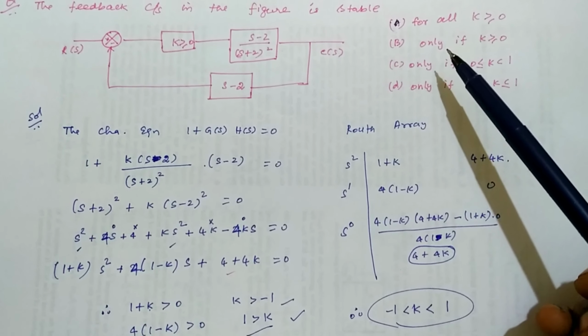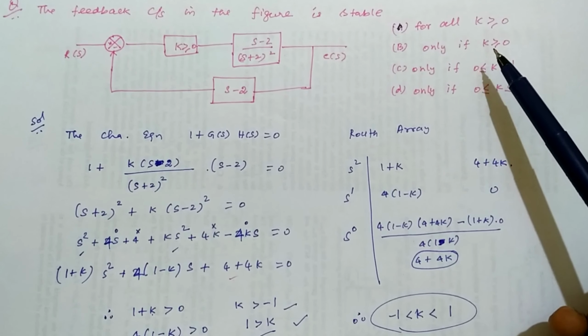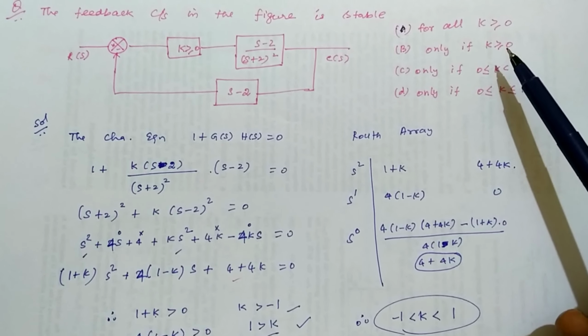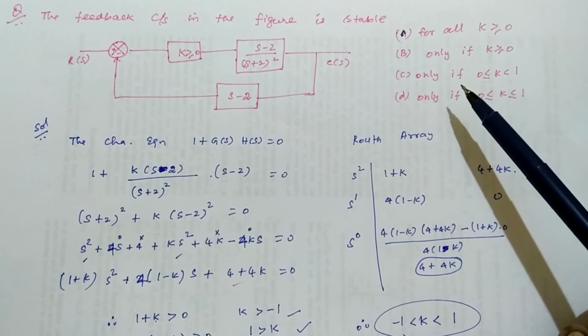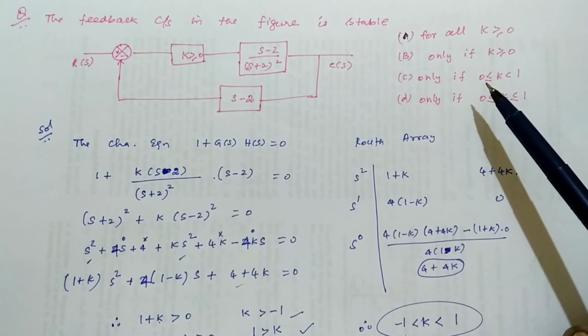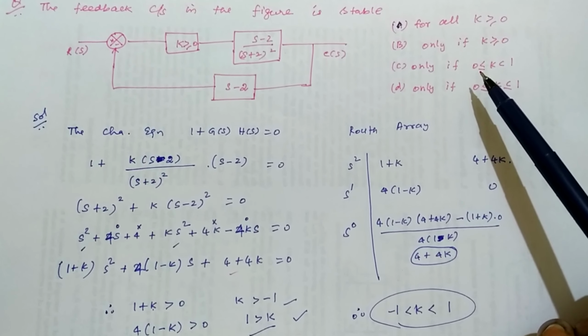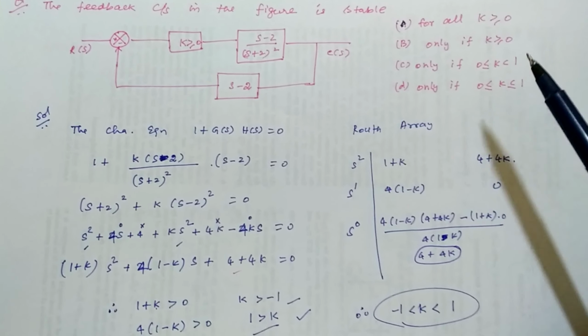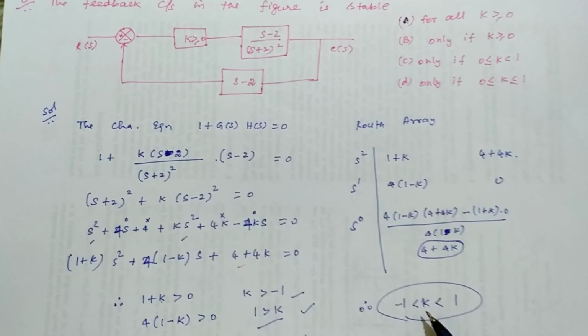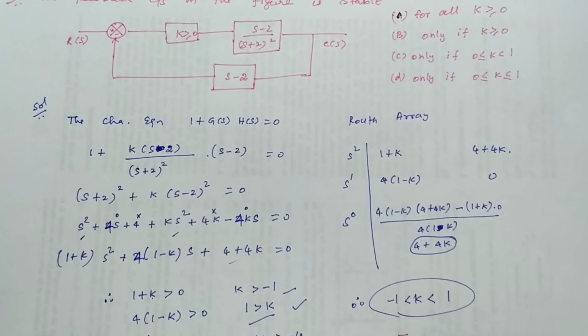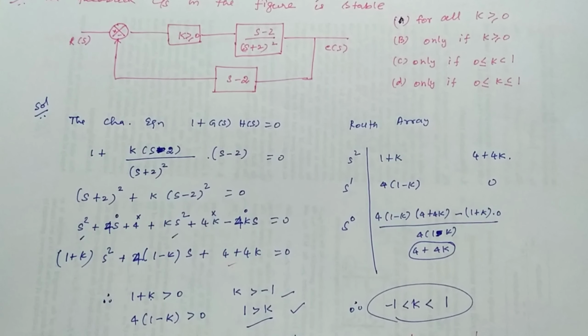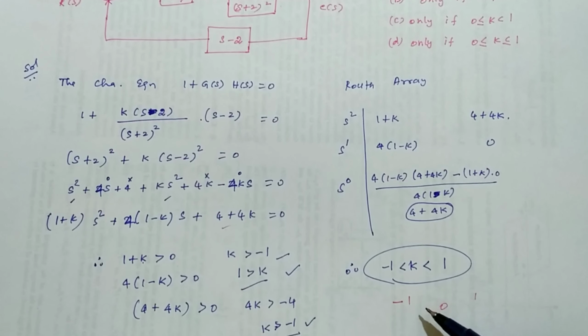Now the third one is only if k ranges from 0 to less than 1. It can take the value 0 and 1. When we see this, it ranges from minus 1 to plus 1, and 0 also lies in between.